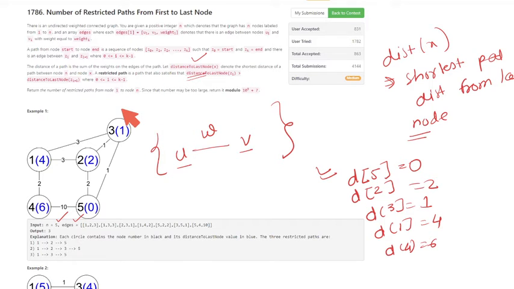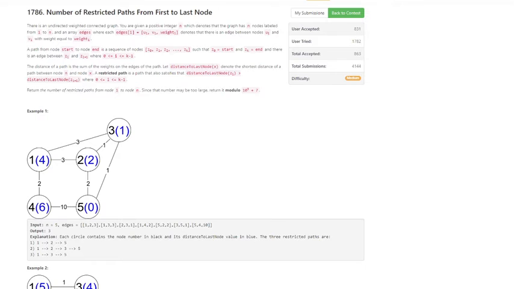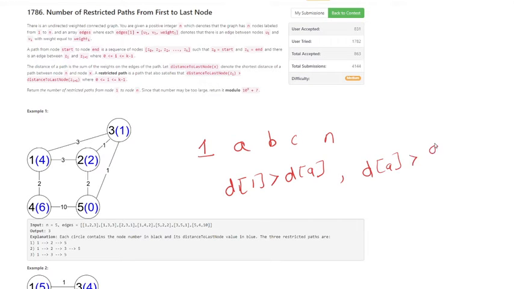Let us first understand what a restricted path is. Consider a path 1, A, B, C, and N. Whichever path follows this condition, d of 1 greater than d of A, d of A greater than d of B, up to d of C greater than d of N, is known as a restricted path.